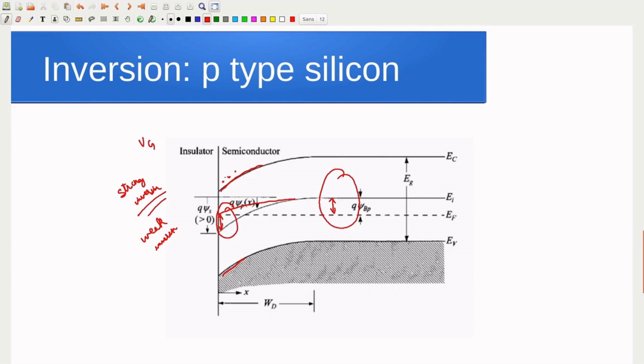In case of strong inversion, more electrons will be accumulated at the junction, and the semiconductor gets inverted nearer to the junction. We have WD, which is the depletion width where the bending is happening. That distance is termed as WD.